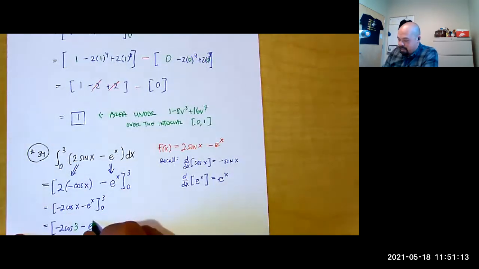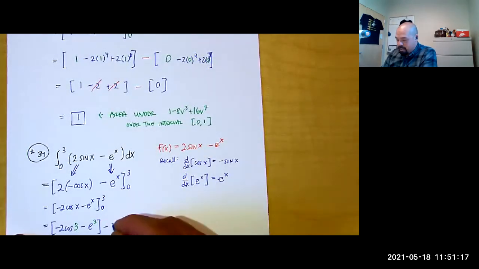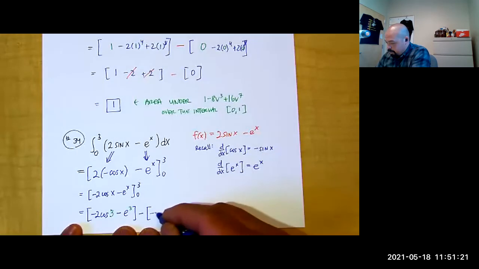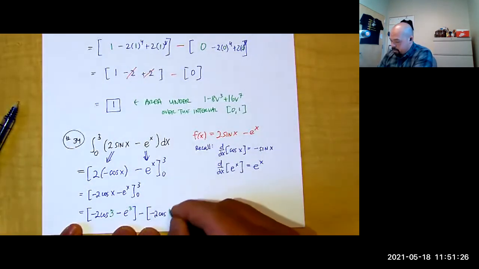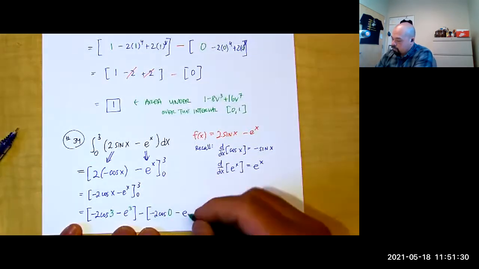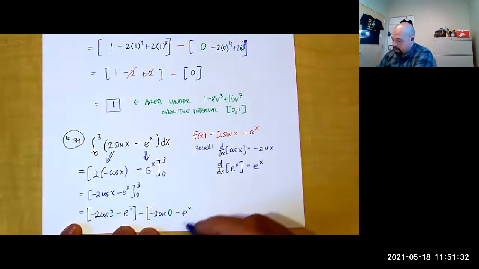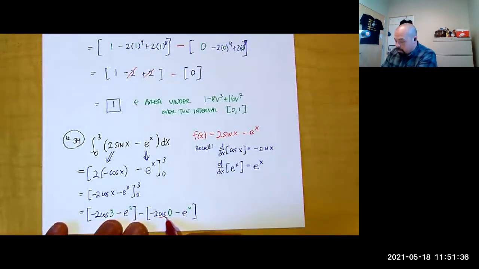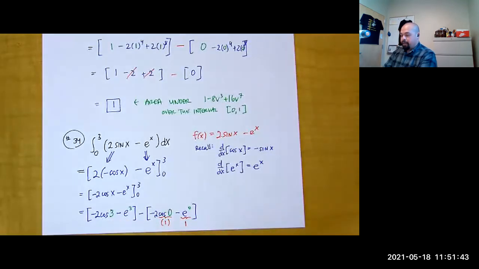And again, I'm not sure what those values are precisely, but I can put a decimal in if I wanted a calculator, or I'll just leave it in this exact form. Minus 2 cosine of 0 minus e to the 0 power. And just real briefly, cosine of 0, that's positive 1. E to the 0, positive 1.